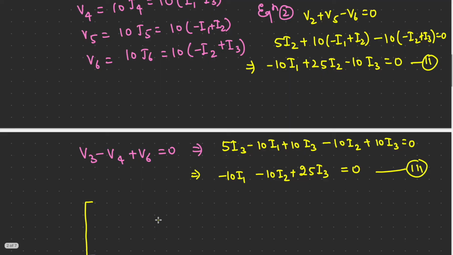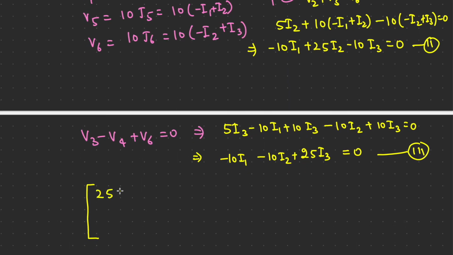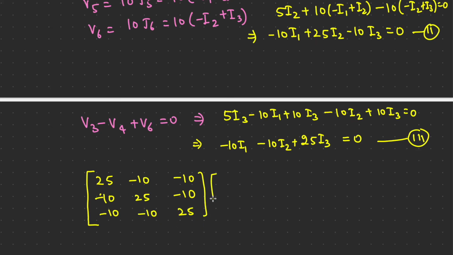First we write 25, minus 10, minus 10. The second row is minus 10, 25, minus 10, and the third row is minus 10, minus 10, and 25, into I1, I2, I3 equal to 1, 0, 0.